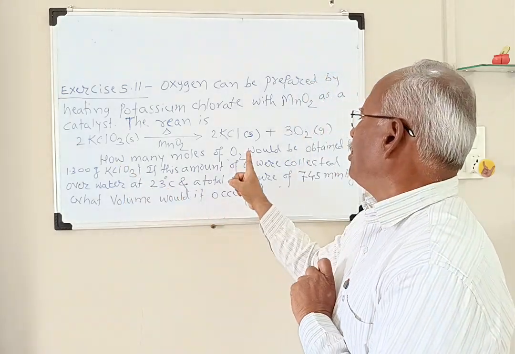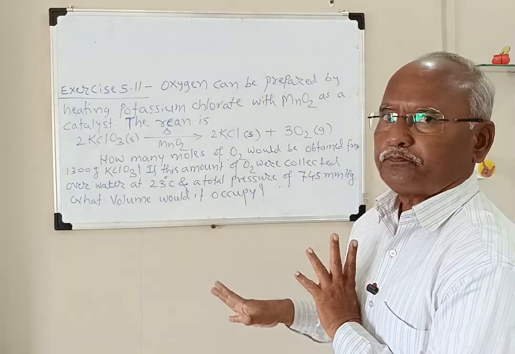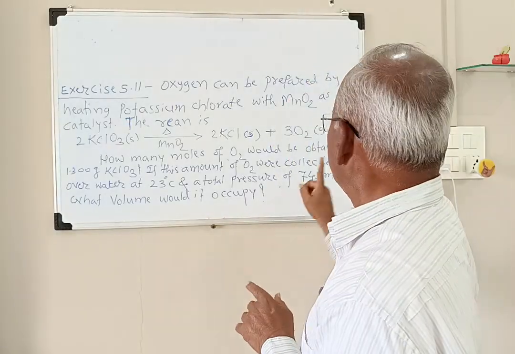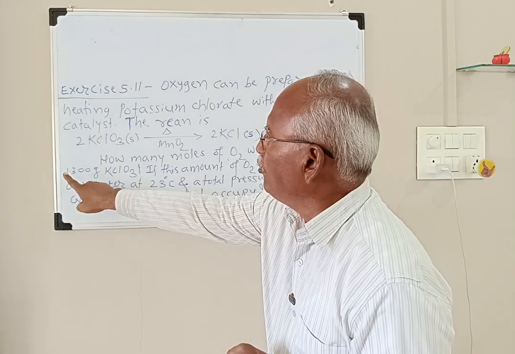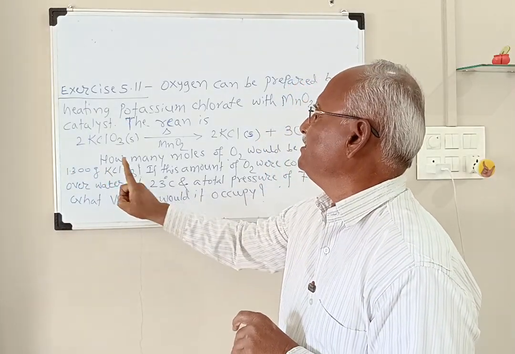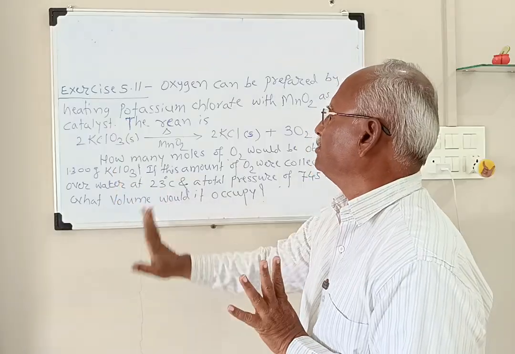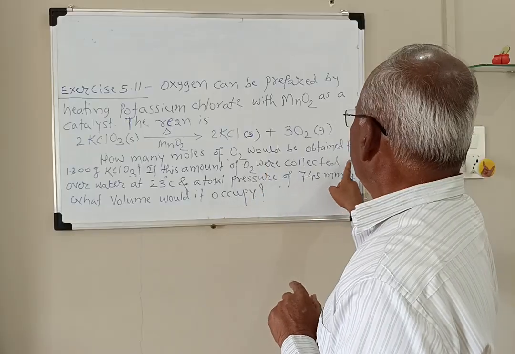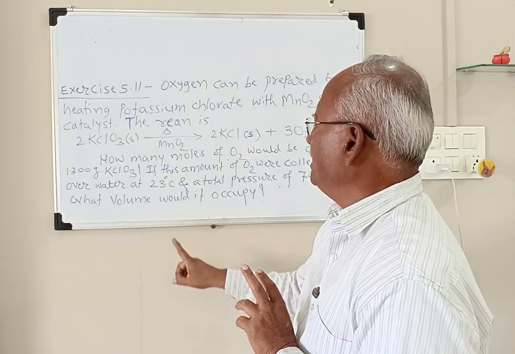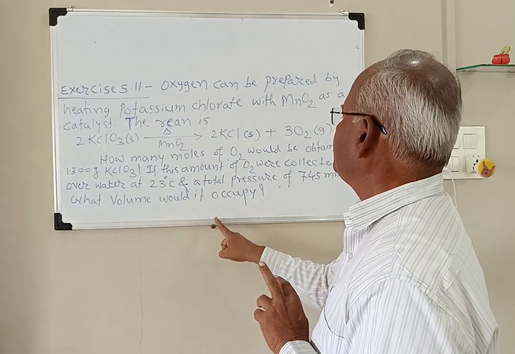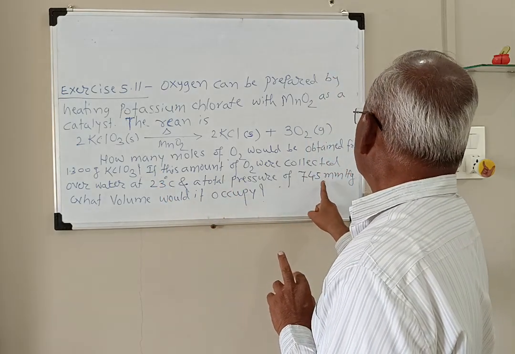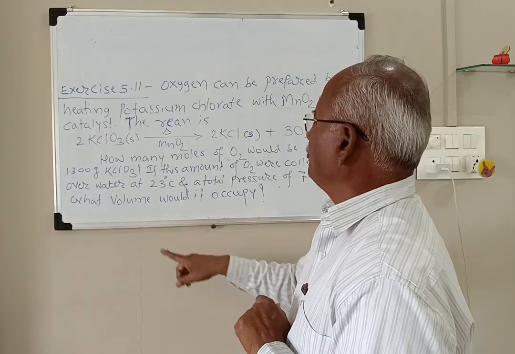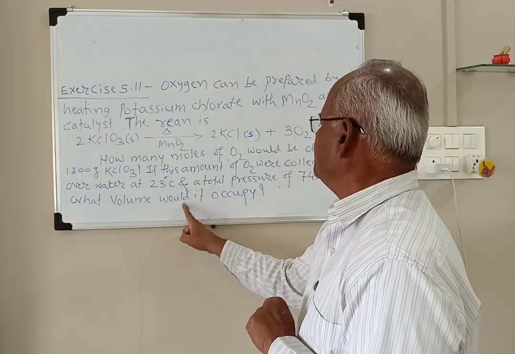How many moles of O2 would be obtained from 1.3 gram potassium chlorate KClO3? If this amount of O2 were collected over water at 23 degrees centigrade and a total pressure of 745 mmHg, what volume would it occupy?